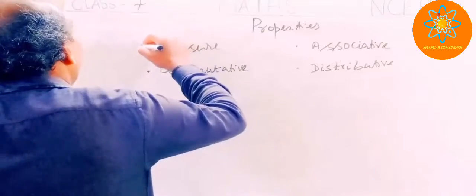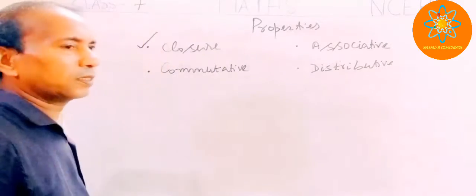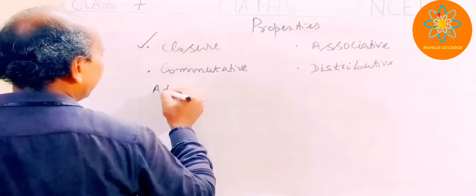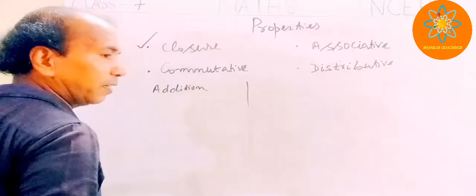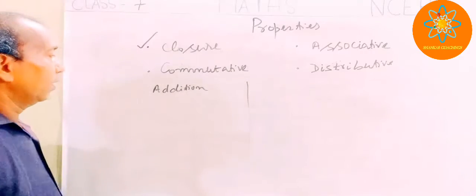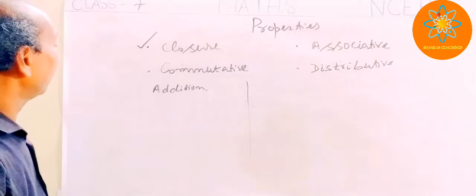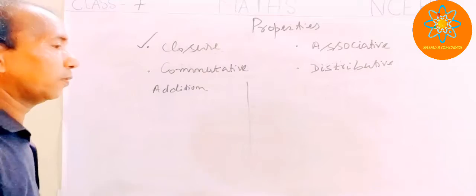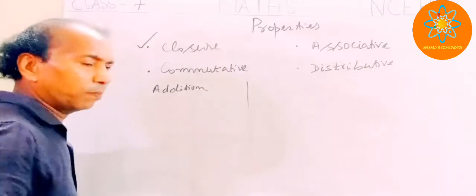So first I am taking the closure case. In the closure case, I am taking the case of the addition. In the case of the addition, for the closure property, suppose I have two numbers and I want to add those numbers.